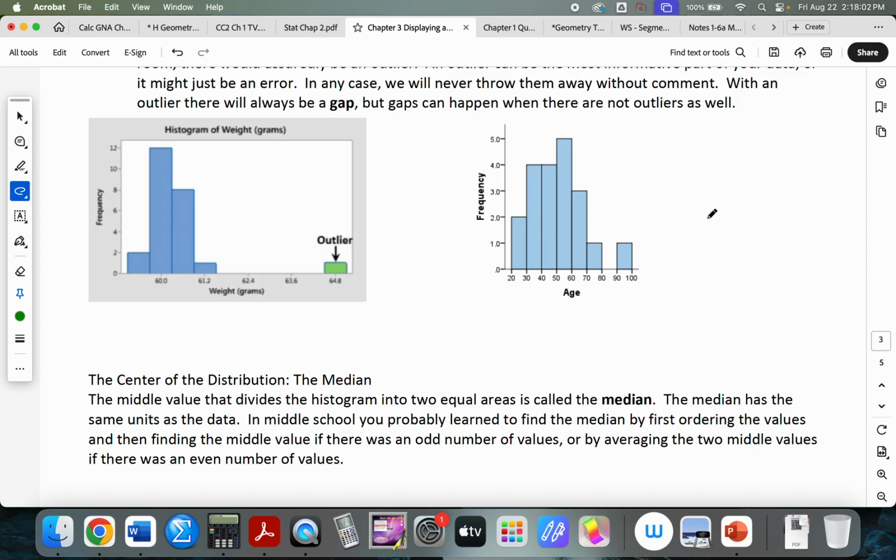So I'm going to find, well, where is the 10th value? Because my median is going to be between the 10th and the 11th. Since there's an even number, it'll be between 10 and 11. Okay? So let's see, 2, 6, 10. So it looks like the median is probably about 50.